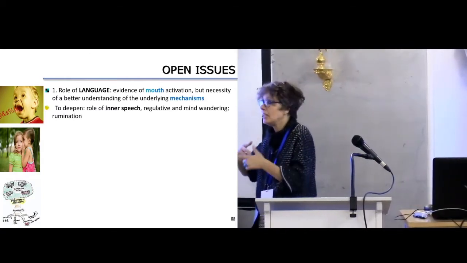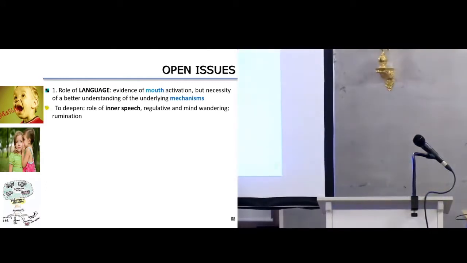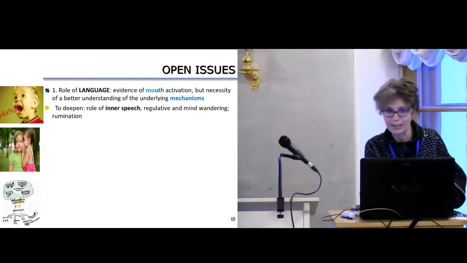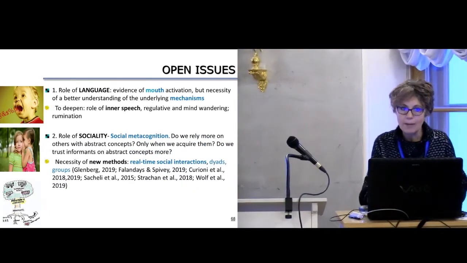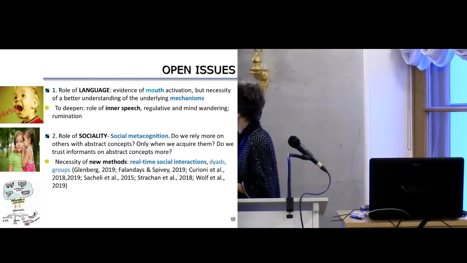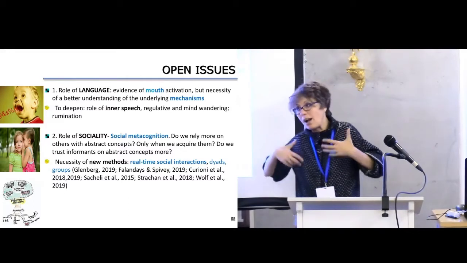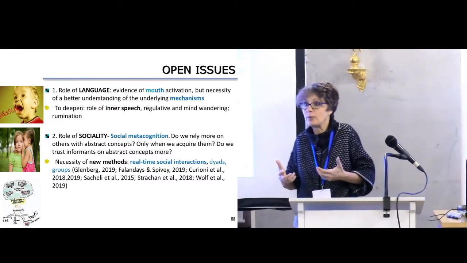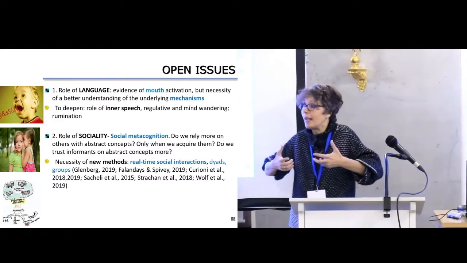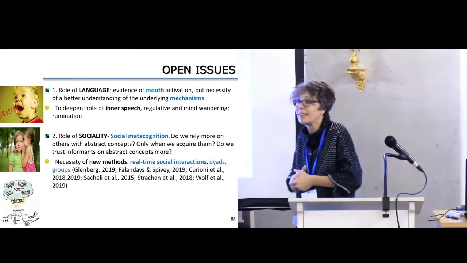Inner speech, both in its regulative, also mind-wandering aspects, and also bad mind-wandering aspects like rumination. We stress also the role of sociality with the notion of social metacognition. But when do we need others? Not only when we acquire abstract concepts, we need others when we process them, because we are more uncertain on their meaning. Again, here we have to investigate them more.